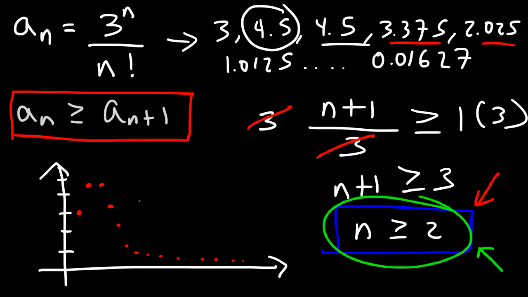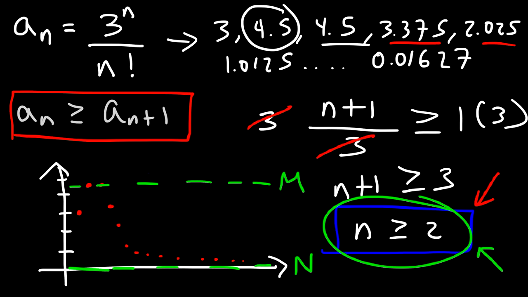Now, because it's always decreasing at this point, that means that this is the highest value. So it's bounded above at 4.5, and because this is always positive, it's bounded below at 0. So we do have a bounded sequence.